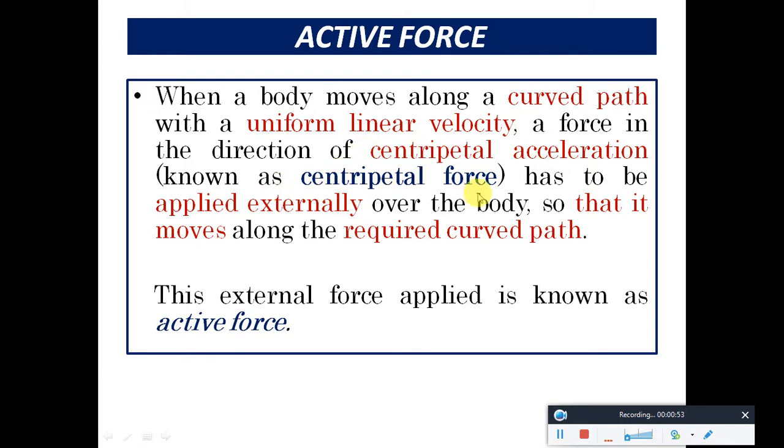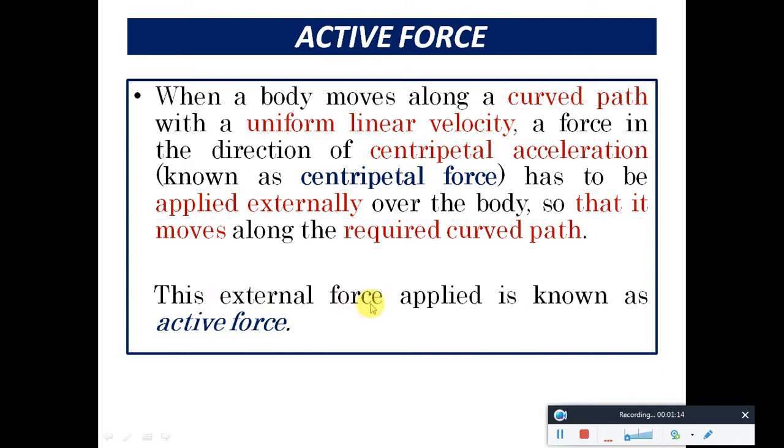That has to be applied externally over the body so that it moves along the required curved path. Otherwise, it will slip. That means when it takes a curved motion, it should have a balancing force, and that force is nothing but the centripetal force. So this external force applied is known as an active force.